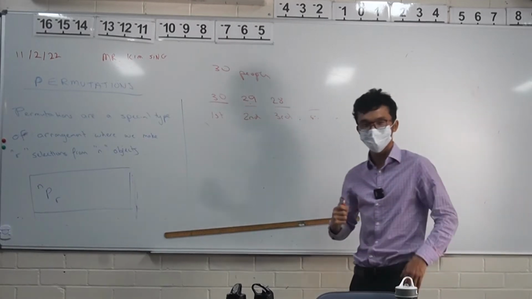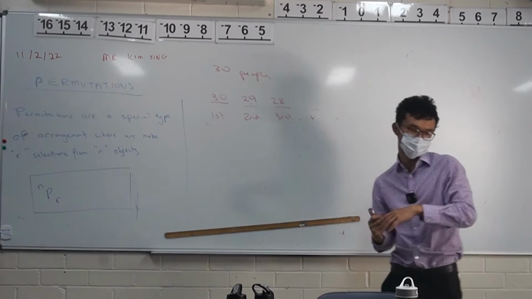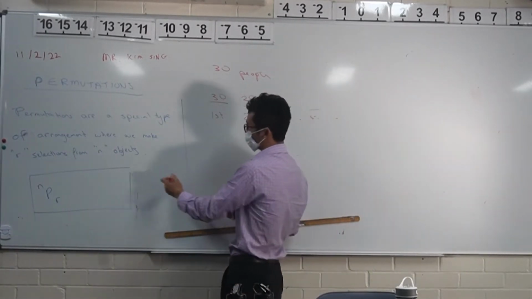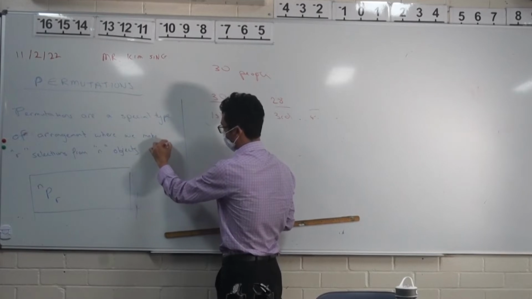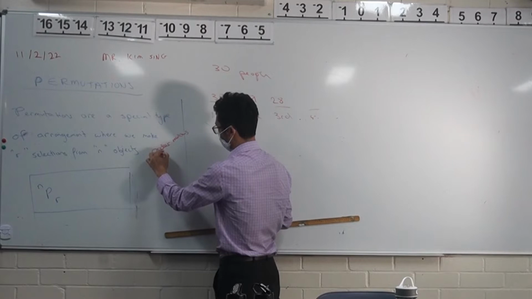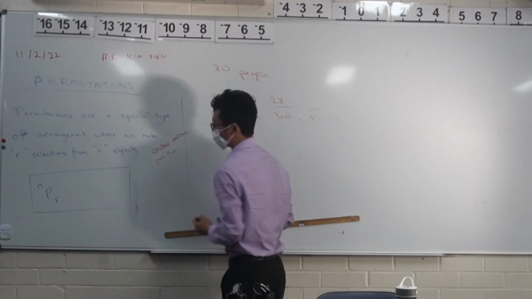It doesn't matter what order you select them, they're all going to be on the team, okay? So that's a different type of arrangement. In permutations, the order or the position matters, either one, however you want to think about it.